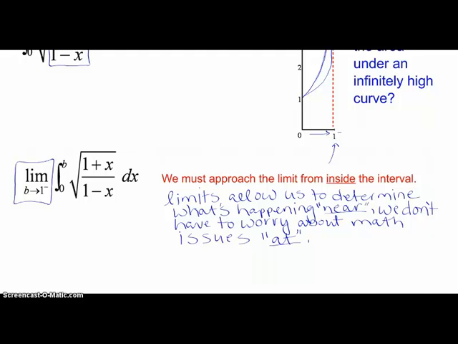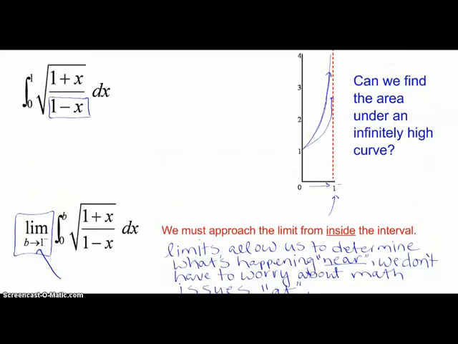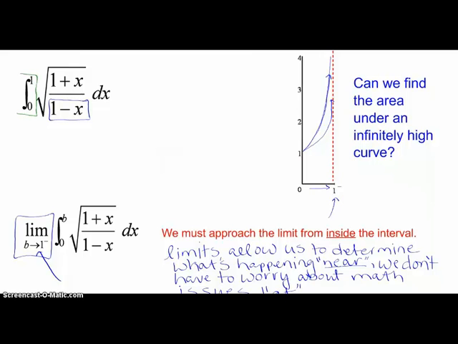Because we're near. Remember that idea. Here, this says we're getting very, very near input values of 1 to the left, but we're never at those input values. So you've got to bring the limit to the party, and it's not super, super obvious all the time when you have this type of improper integral, because that looks really innocent.